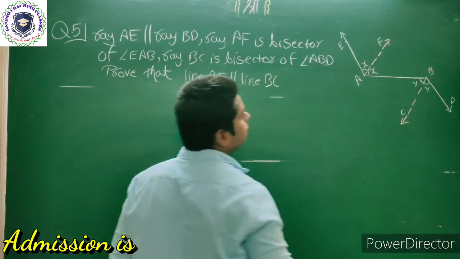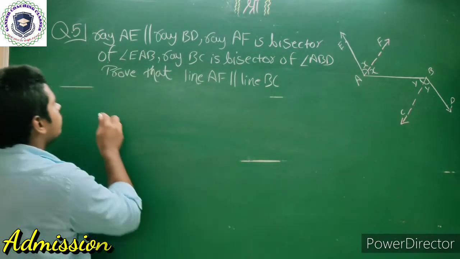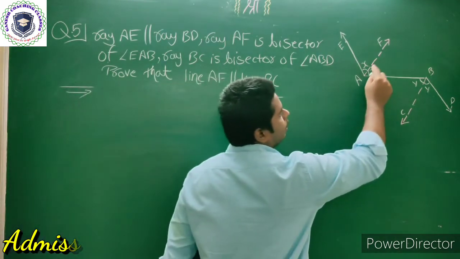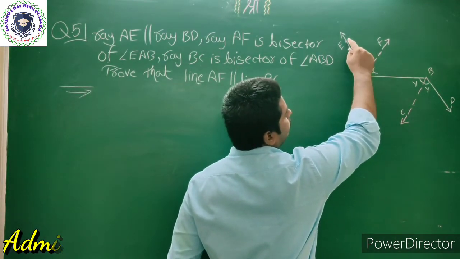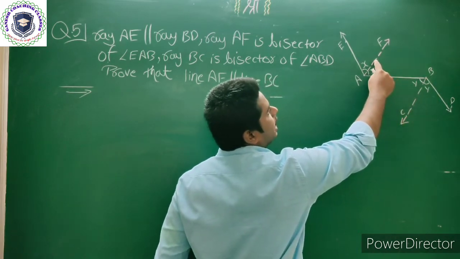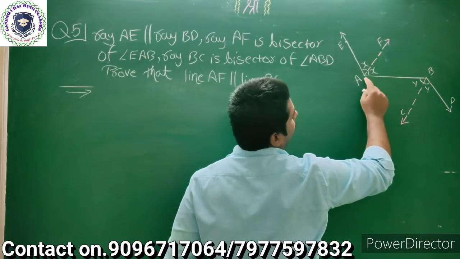First of all we have to write which data is given in the question. Here ray AF is a bisector of EAB. Bisector means it divides the angle into two equal parts, that is EAF and FAB.